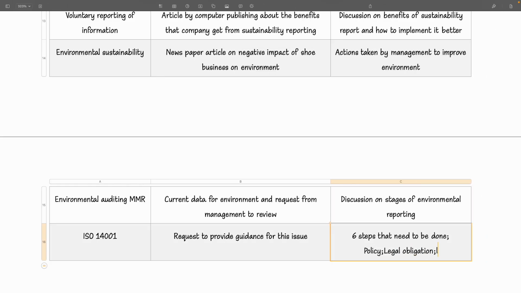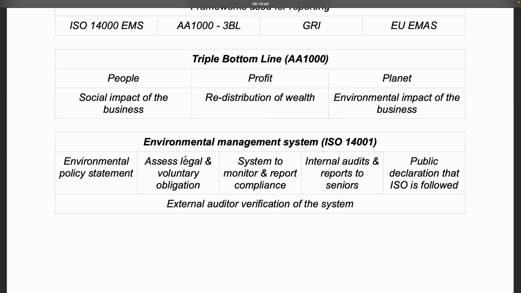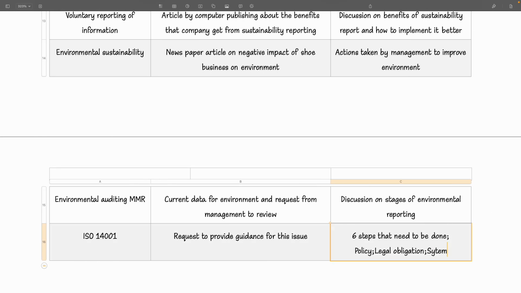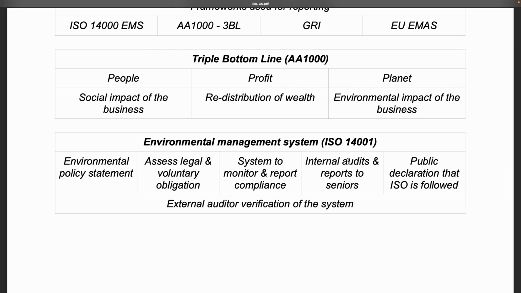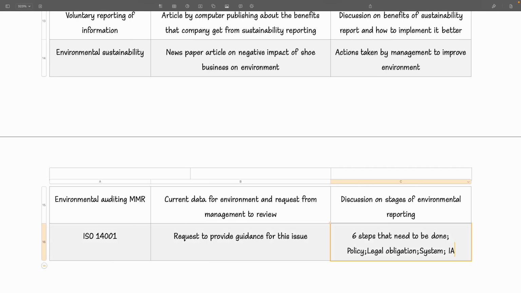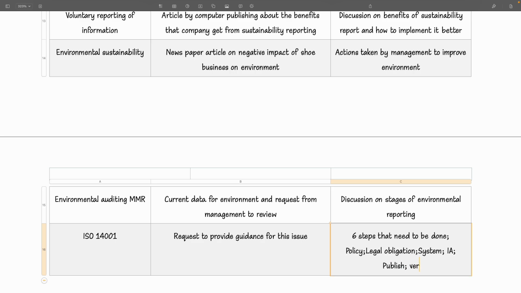After that, you got your policy, legal obligation, system, and then you also have your internal audit, and then publish, and then verify. Okay, those are the 6 steps you might get.